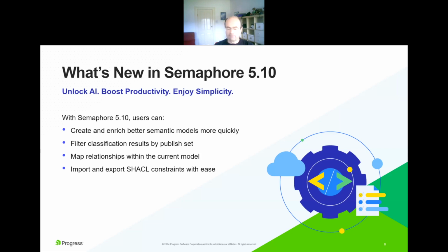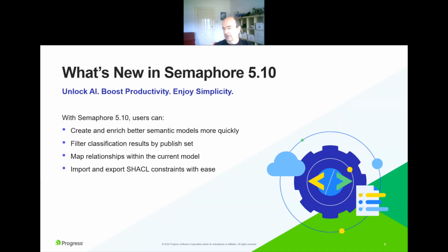Part of the drive for the next LTS version of Semaphore is the ability to fully use SKOS mapping relationships. You'll be able to use mapping relationships to entities outside the Semaphore model in 5.12, but for now we've introduced the ability to use the SKOS mapping relationships within models as a step on that process.